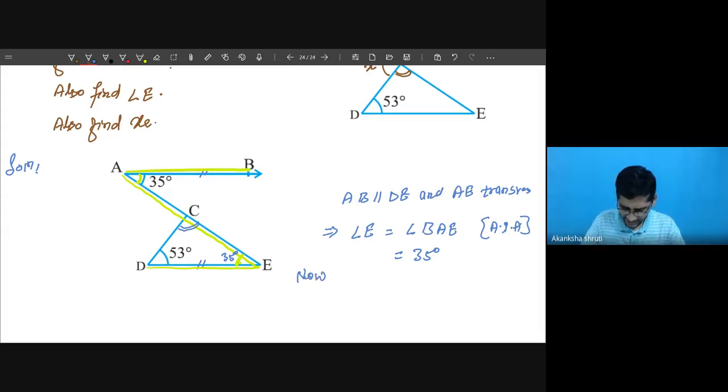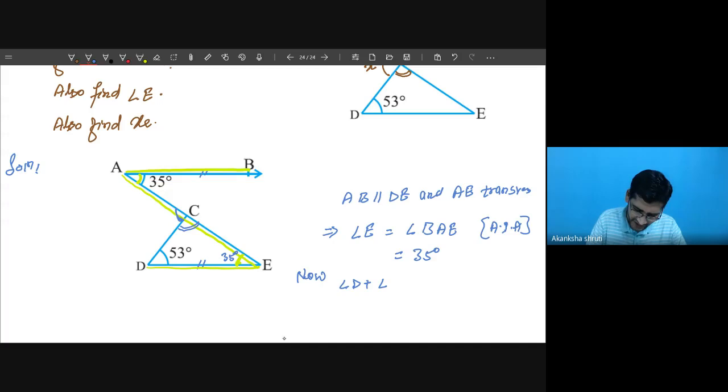Now angle D plus angle C. Angle C means inside the triangle. At C there are two kinds of angle. One is inside the triangle and another one is outside the triangle.